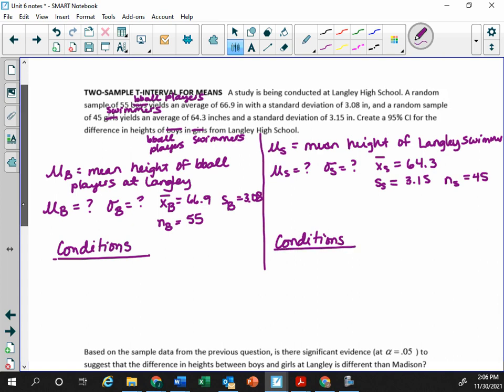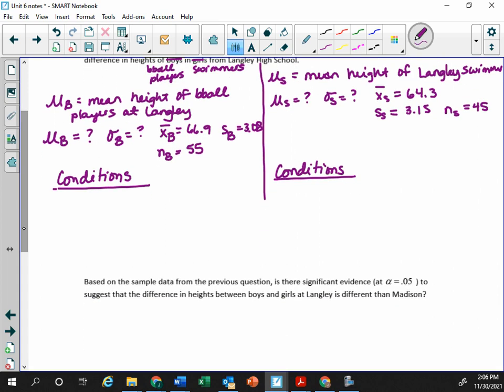Okay, so we start with normality. Why do we know this is normally distributed this time? Yes, this time our sample size is actually large enough. So our sample size was 55, which is greater than or equal to 30.